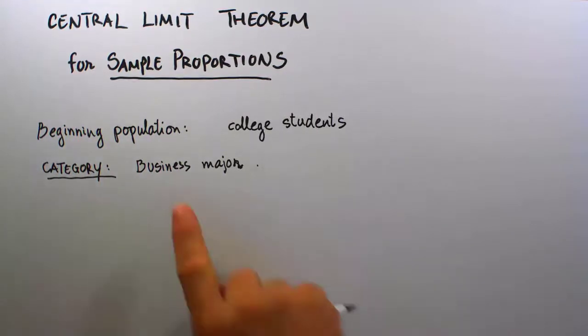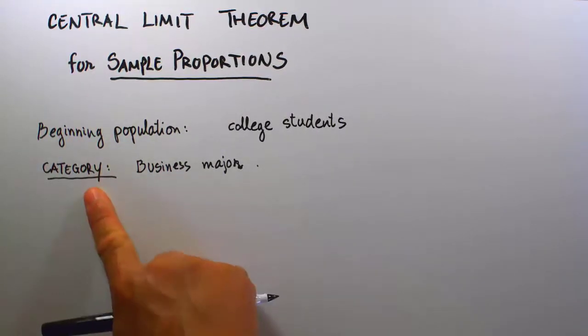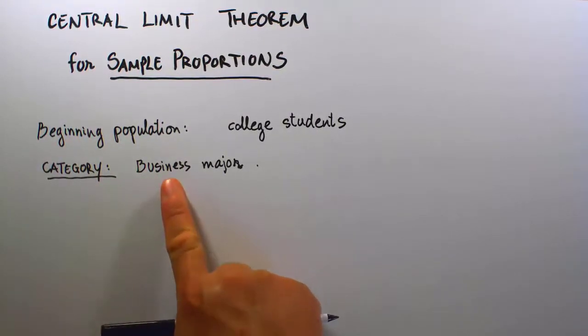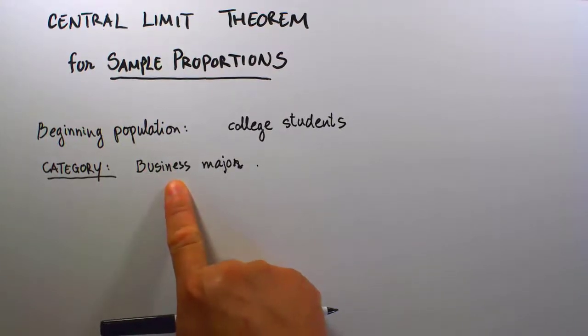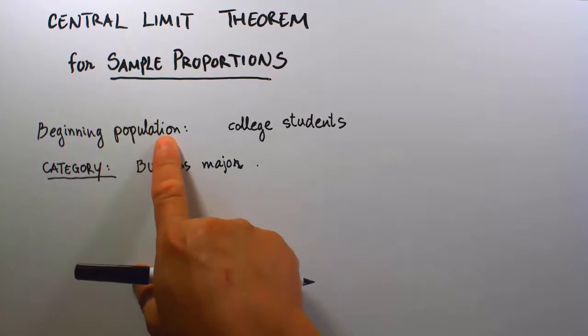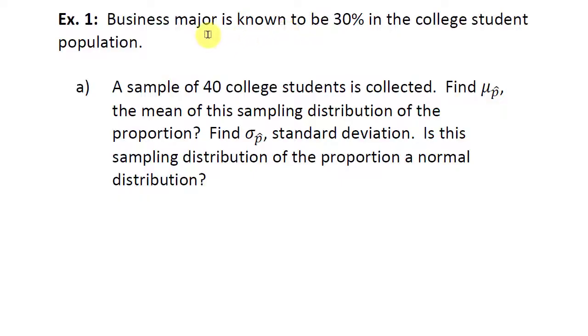And so once we have a definite category, the business major here, and we are particularly looking for this category in our beginning population, then the beginning description gives us such important information here. The business major is known to be 30%.